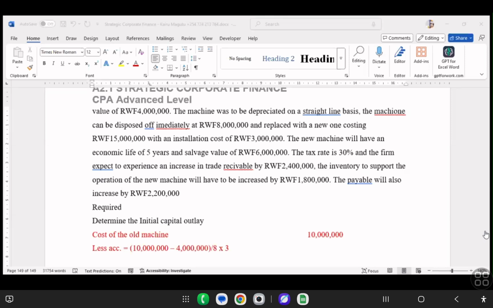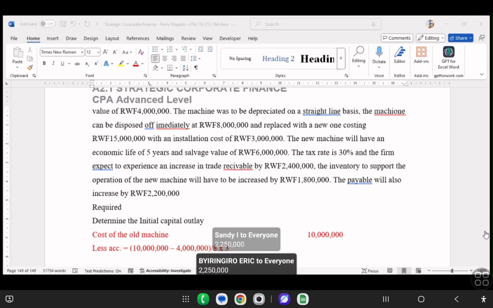Someone has given 7.5 million, another one has given 2250. Is it 2250? Can we confirm that? 10 million minus the salvage value.